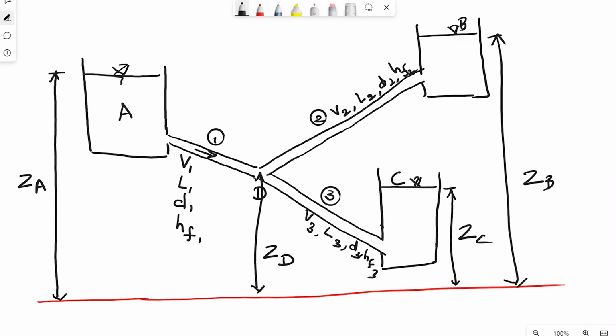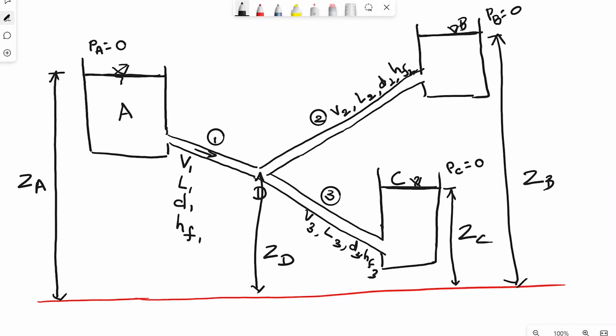So now my job is how to analyze the problem. What are the unknowns? The unknowns are V1, V2, V3, and what is the pressure at D. Because this is a free surface, naturally here it is 0. Here it is also free surface, so it is also 0 because it is atmospheric pressure. And here PC is equal to 0.